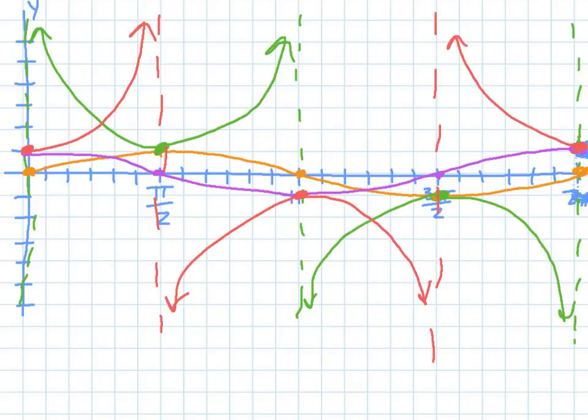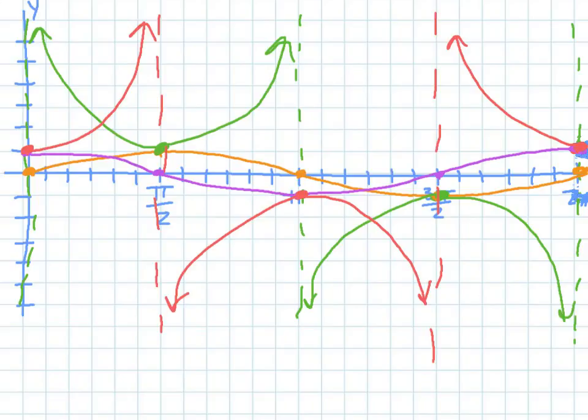So cosecant and secant look similar to one another, just like sine and cosine look similar to each other. Now the only difference between the two graphs, like between sine and cosine and cosecant and secant, is a matter of phase shift of pi over 2.